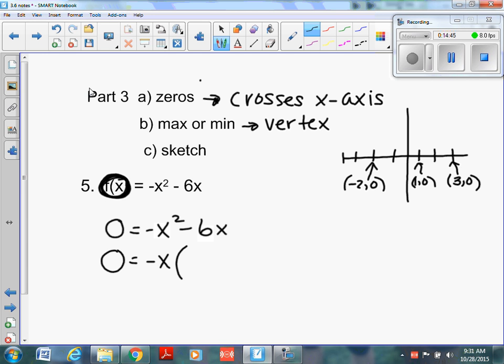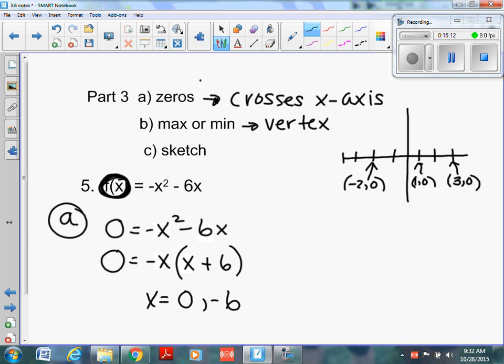If you take the negative x out, you're going to have x plus 6, correct? I can just do the distributive property. I know I did it right. You set that one equal to 0 and that one equal to 0. It's going to cross the x-axis at 0 and negative 6. And that was why you learned how to factor. Where does it cross the x-axis?